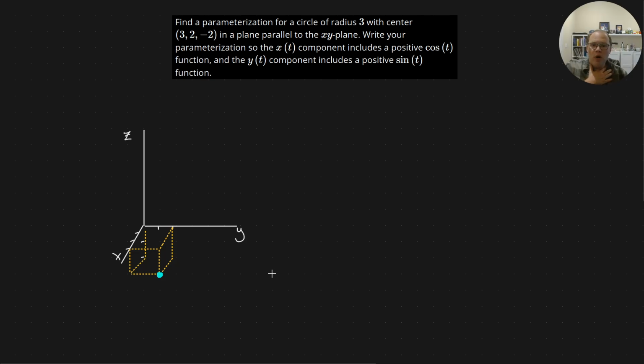We want this circle to live in a plane parallel to the xy plane. So the xy plane is this one here, right? We want to be parallel to that. So our circle is going to be parallel to that xy plane.